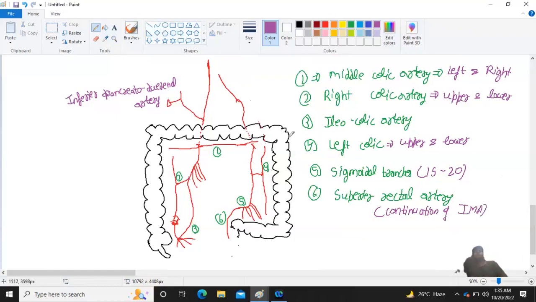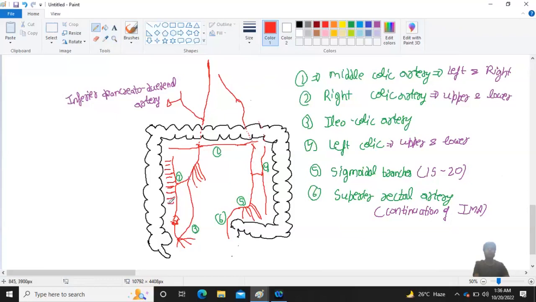So now there are some anastomoses formed here. These anastomoses are very important, so we can write some important anastomoses. Remember, there are small arcuate branches also formed. These form small arcuate branches like this, like in the small intestine.